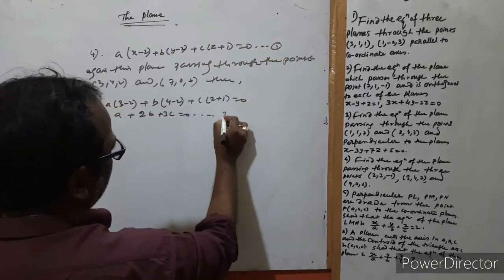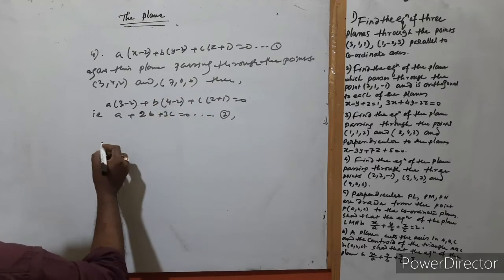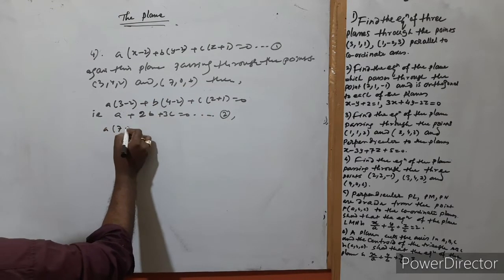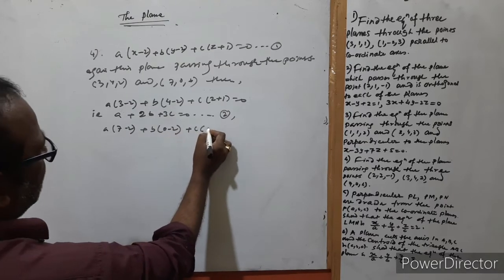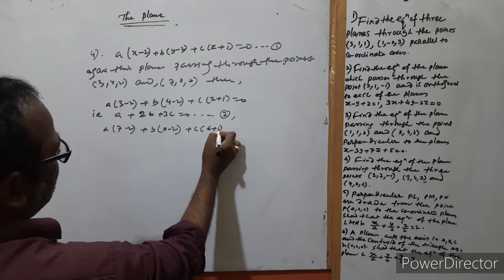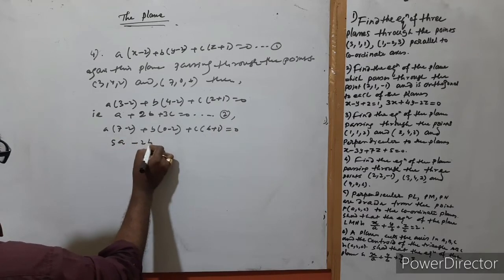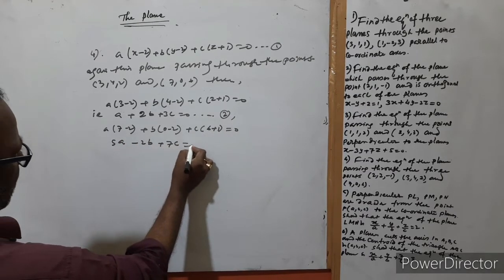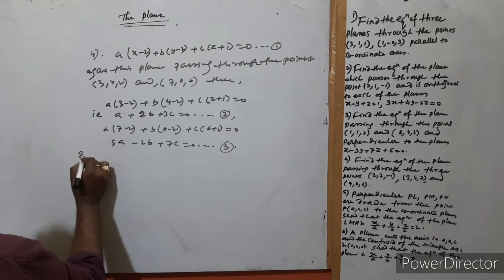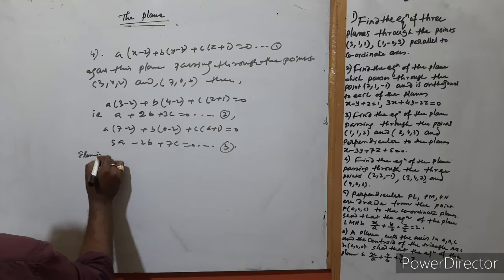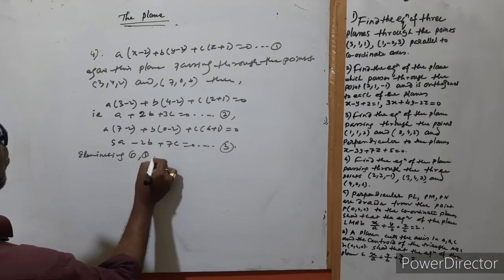This is 1 and this is 2, and again 7, 0, 6 actually. So a into 7 minus 2, b into 0 minus 2, c into 6 plus 1 equal to 0. This is 5a, minus 2b and 7c equal to 0. So 1, 2 and 3.